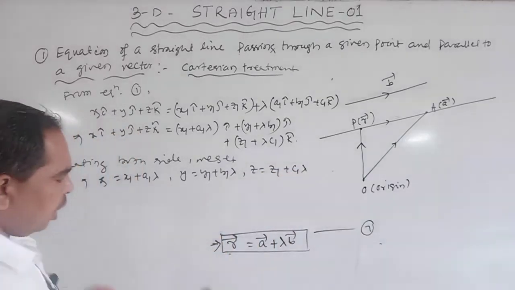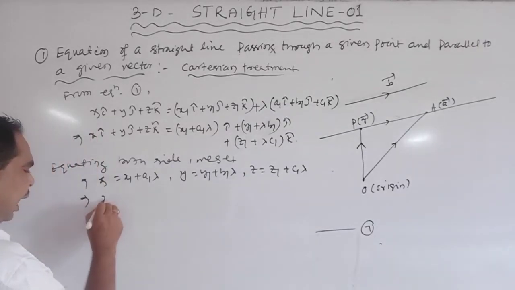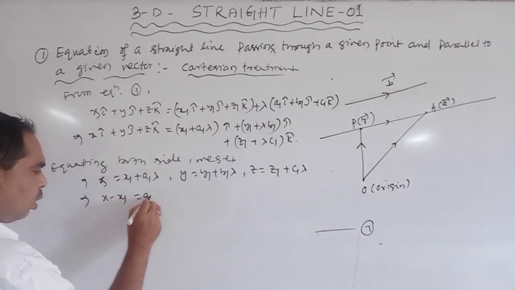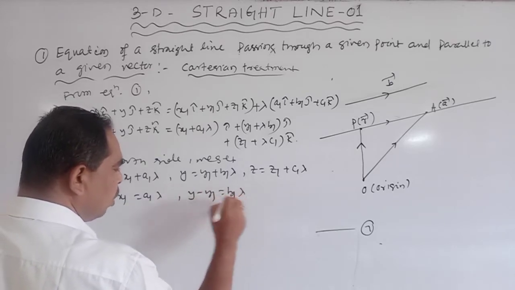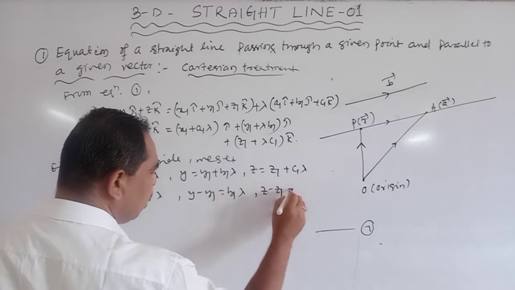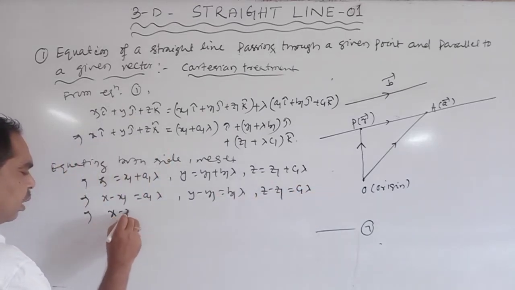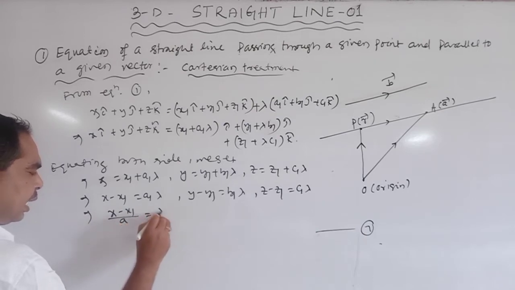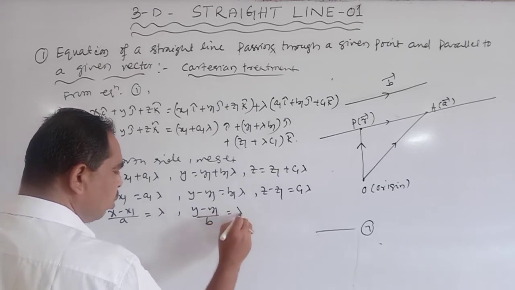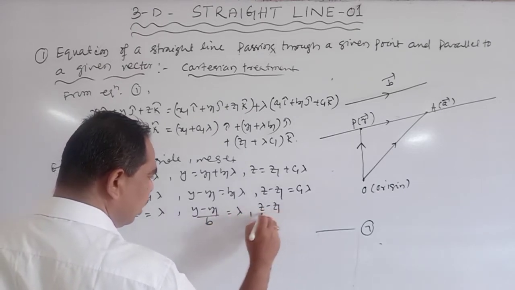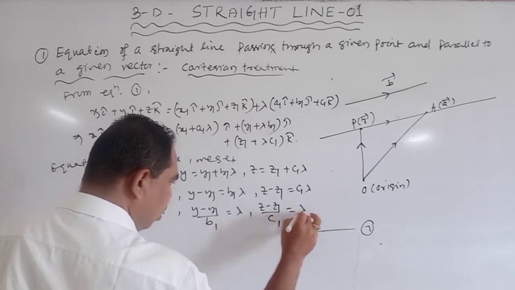So this implies x minus x1 is equal to a1 lambda, y minus y1 is equal to b1 lambda, z minus z1 is equal to c1 lambda. So x minus x1 by a1 is equal to lambda, y minus y1 by b1 is equal to lambda, z minus z1 by c1 is equal to lambda.